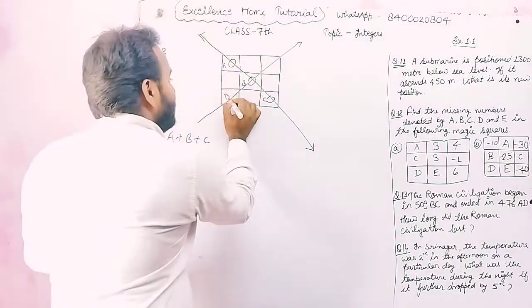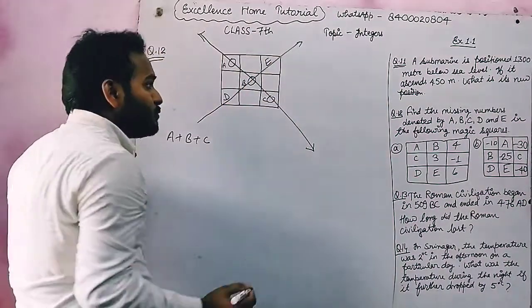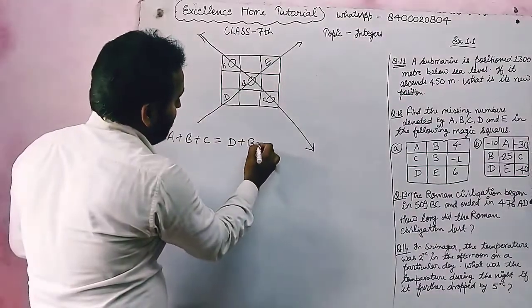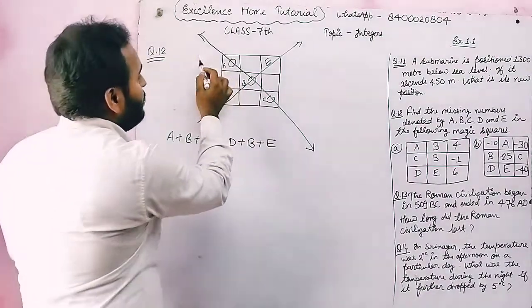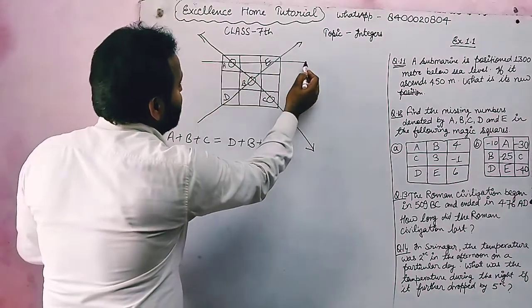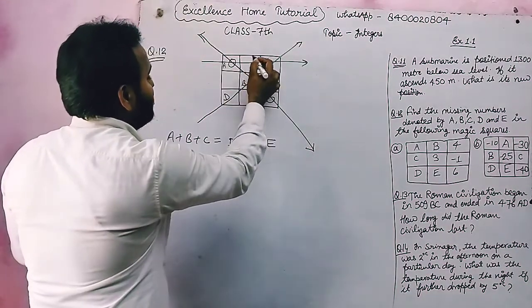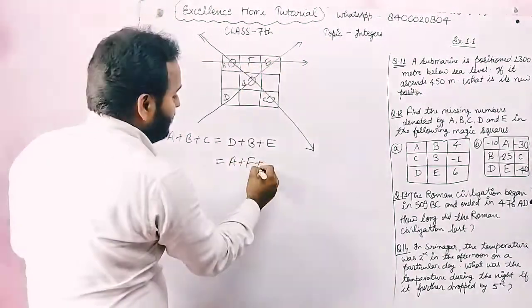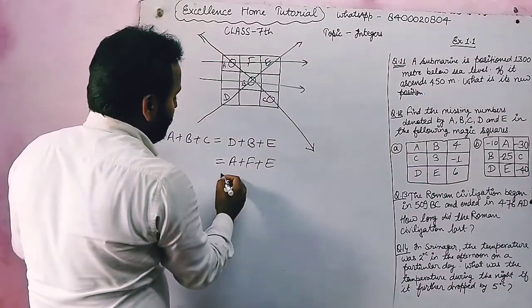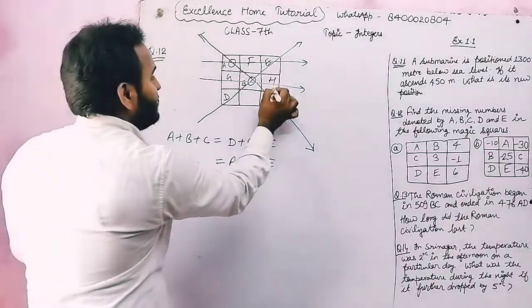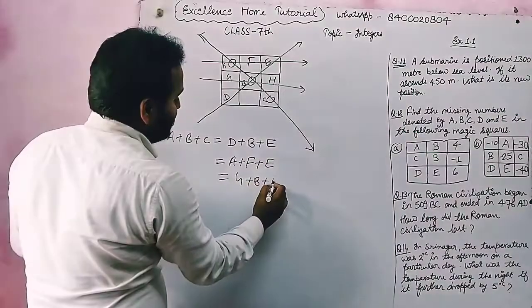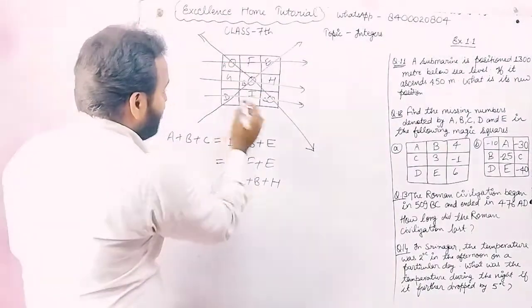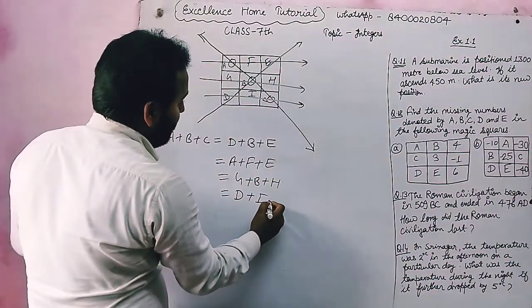If we represent D, B, E, both the sums will be equal, and also equal to the numbers in row first, A, F, E. The second row, G plus B plus H. The third row will be equal to D plus E plus C.